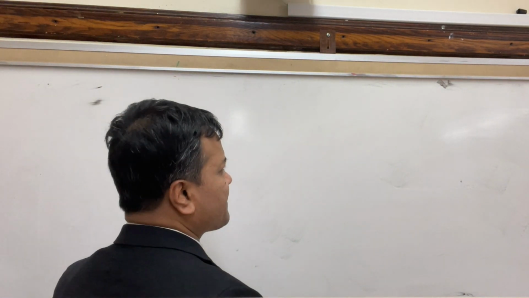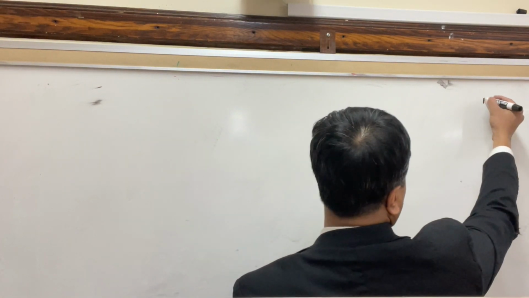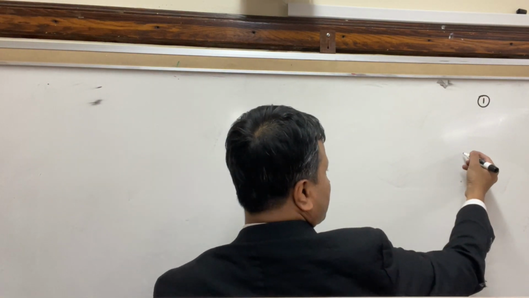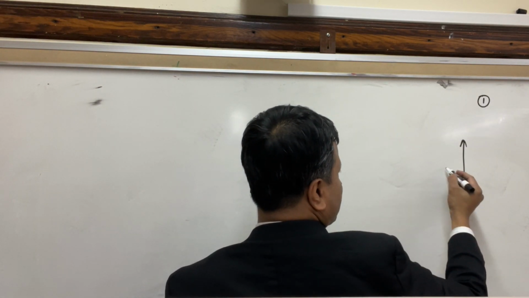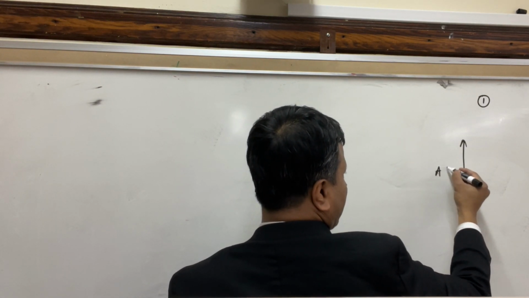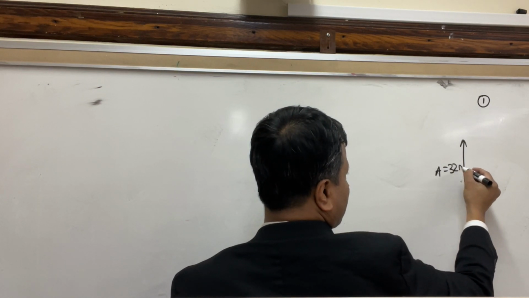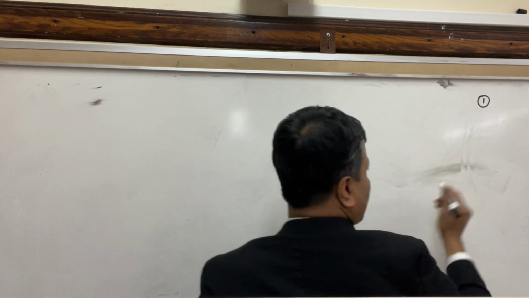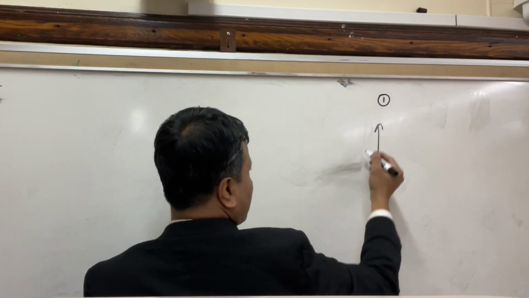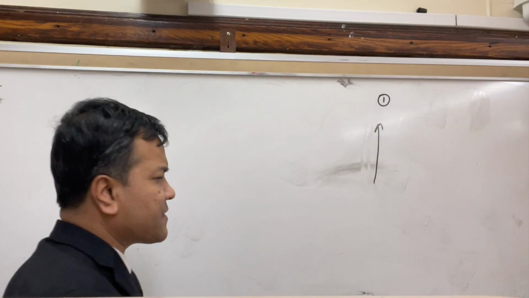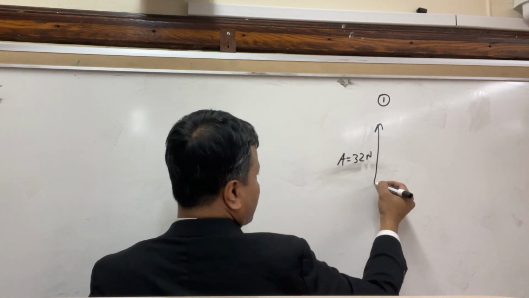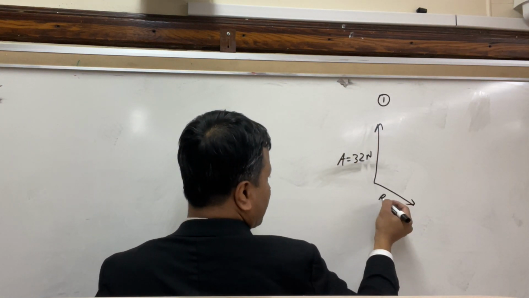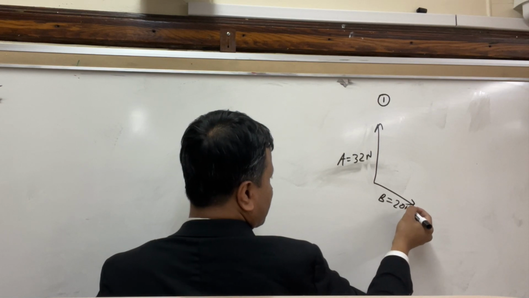Problem number 1, let's go over problem number 1. So problem number 1 is like this. You have a vector A that is 32 Newton. I'm going to draw it again. A is 32 Newton, and then B is 20 Newton.